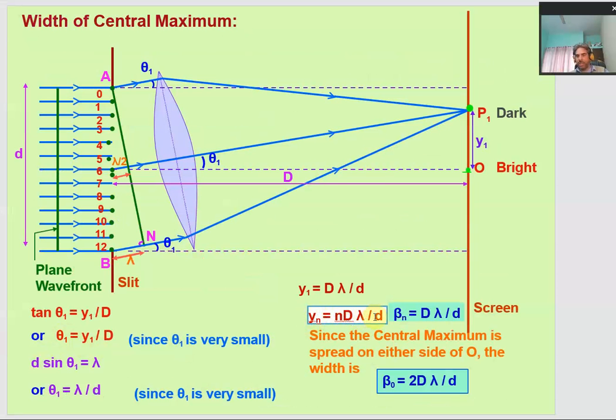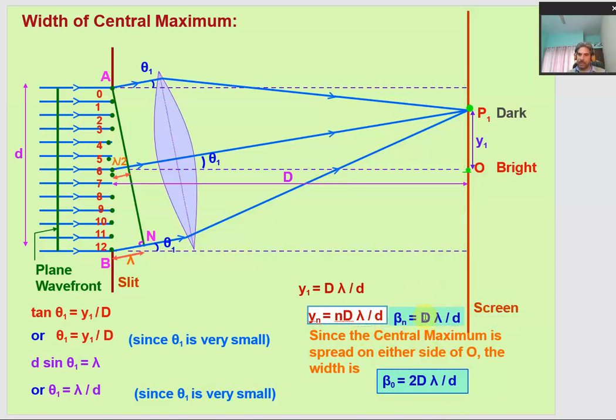So that will be the positions of all bright fringes, and between any two successive bright fringes there will be a dark fringe. So by finding the difference between the positions of any two successive bright fringes, we can calculate the width of the dark fringes, which will come out the same. So the width of all dark fringes will also be the same. It will be d lambda upon d.